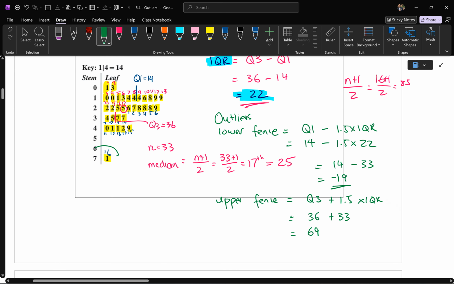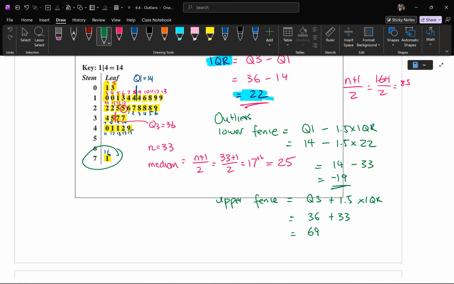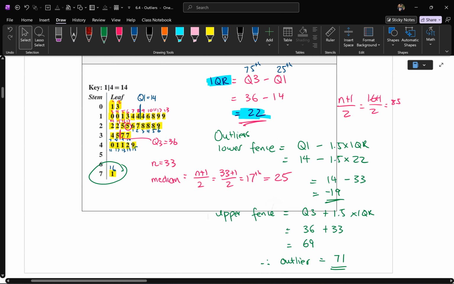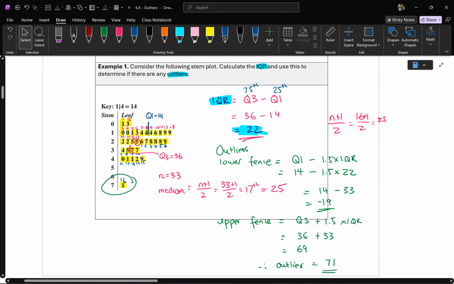And in this case, yes, we do. 71 is definitely an outlier because that was where we drew the line. We drew the line at 69. So if you're 69, you're within the data. If you're above 69, you are now considered an outlier. So therefore, outlier equals 71. So as a formative work, that's what I need to see.